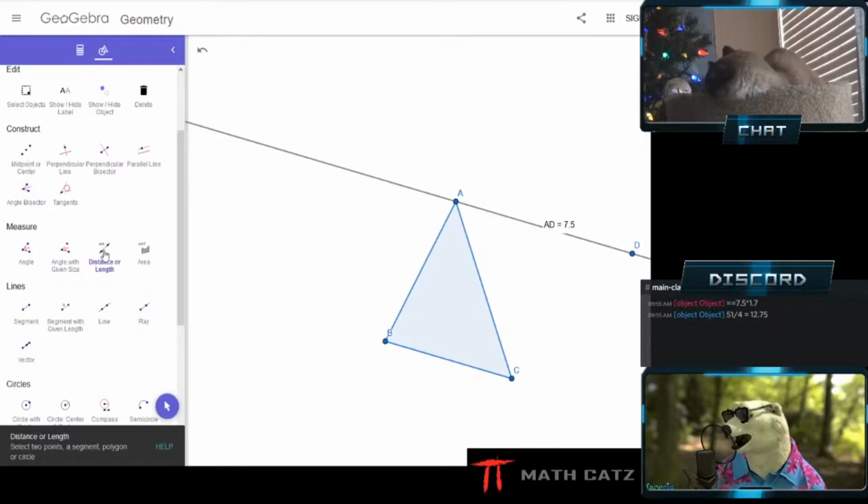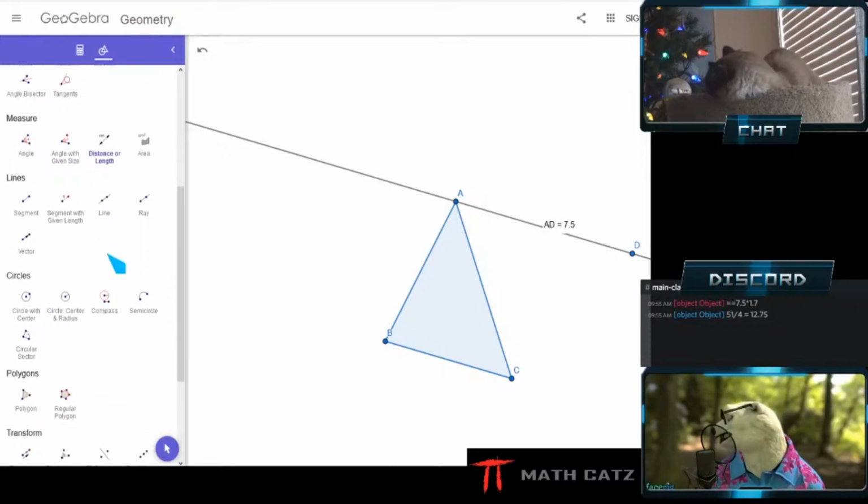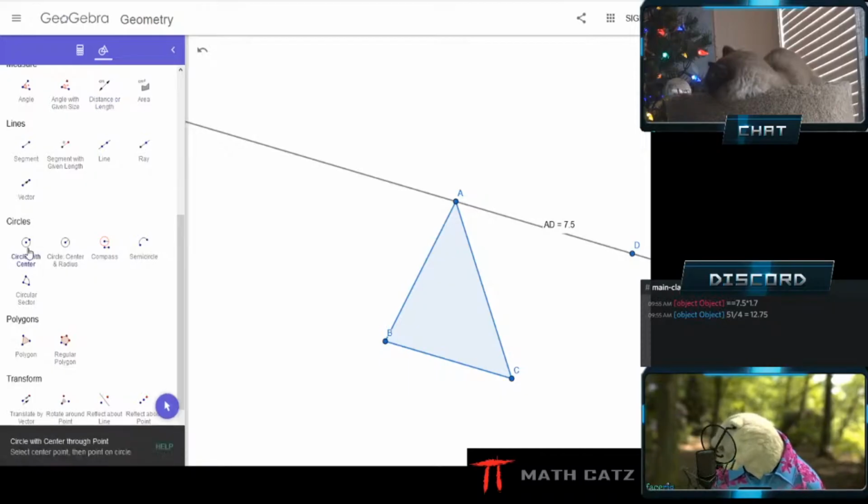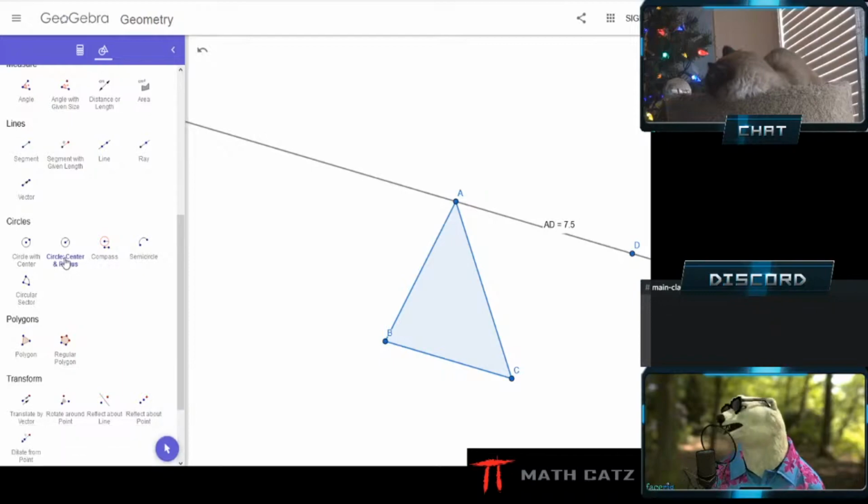Can't really use that, but I can do a circle of a specific radius. So let's just see which tool that is. Circle through a point. Select the second tool here, Circle, center, and radius. If I give it the center, which is going to be D, and I draw a circle with radius 12.75, then wherever it intersects this AD extended line, that's going to be the length from D that measures 12.75.